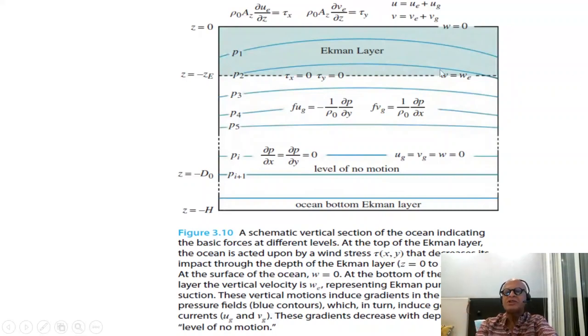That's written here as W equal to W_E. And at the surface you have the wind stresses, which we wrote as rho 0 A_z times dU_E/dz as tau x, and rho 0 A_z dV_E/dz as tau y, and we said the surface currents are going to be the sum of these Ekman currents and geostrophic currents.